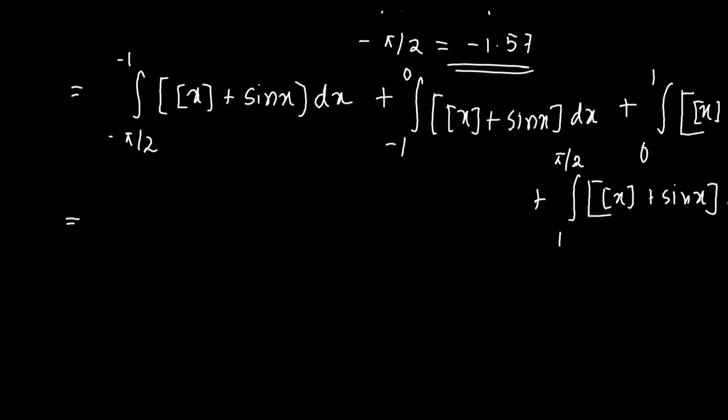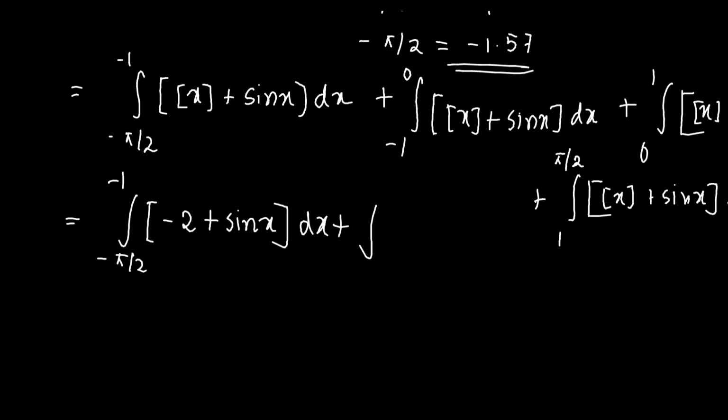It will be minus 2. So I'm writing that it is minus pi by 2 to minus 1, and here we can write minus 2, since box of x is minus 2 in the interval minus 1.57 to minus 1.